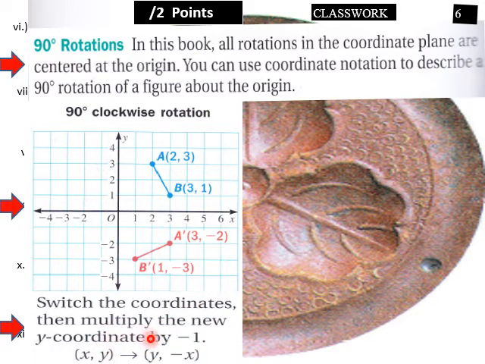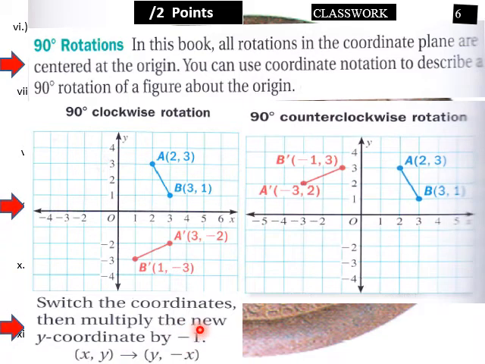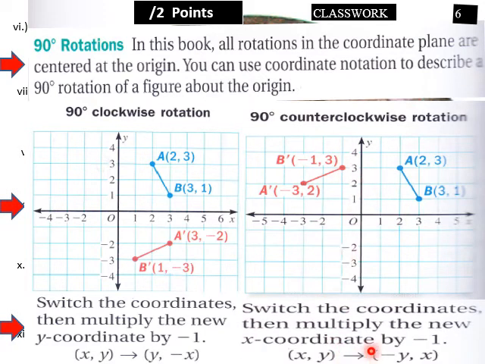Switch the coordinates and multiply the new y coordinate by -1. So you have this situation here, (y, -x). And in this situation, a counterclockwise rotation, how do we get that? Switch the coordinates, then multiply the new x coordinate by -1. So we switch coordinates from here. This becomes (1, 3) now, and it's (-1, 3).